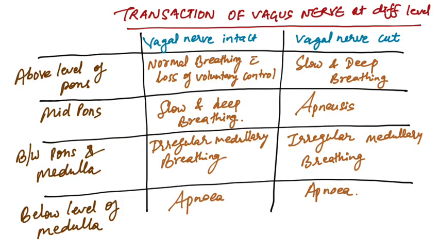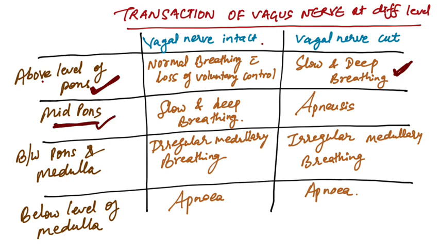Now transection of the vagus nerve at different levels. First of all, if the vagal nerve is intact, what happens? Injury above the level of the pons gives normal breathing with loss of voluntary control. If the vagus nerve is cut, slow and deep breathing will be there. This is above the level of the pons.